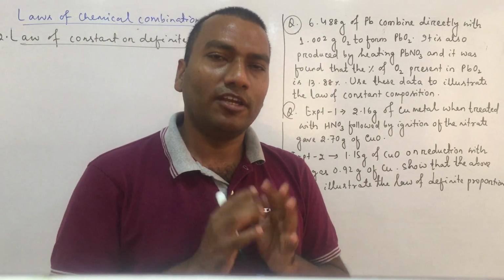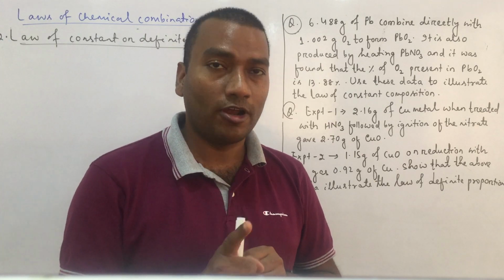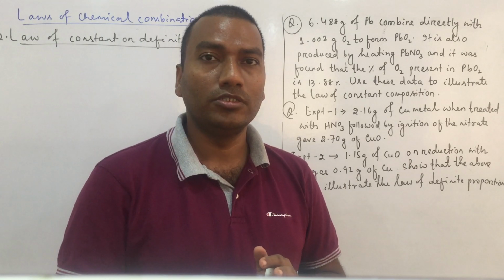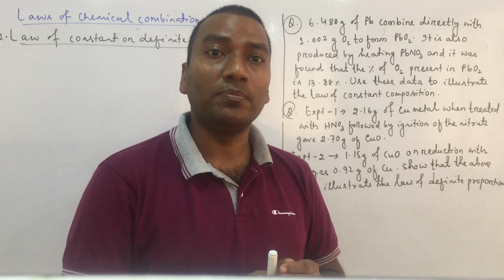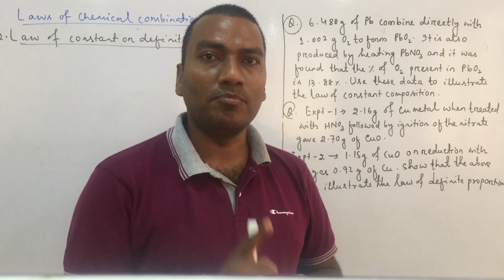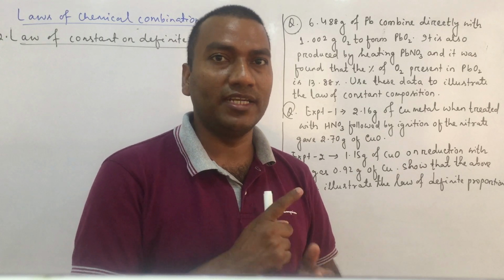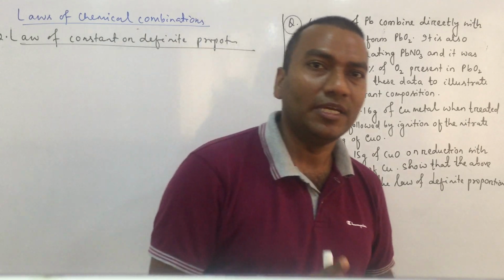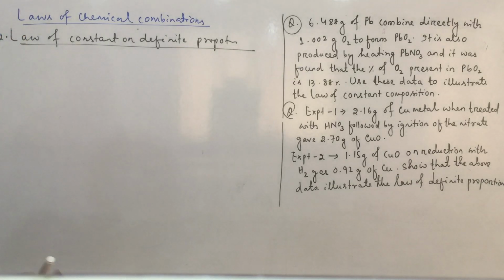The law states that a chemical compound is always formed from its constituent elements, yes or no, in a fixed proportion by mass. Again, a chemical compound is always formed from its constituent elements or atoms or molecules in a fixed proportion by mass. This is called the law of constant or definite proportion.